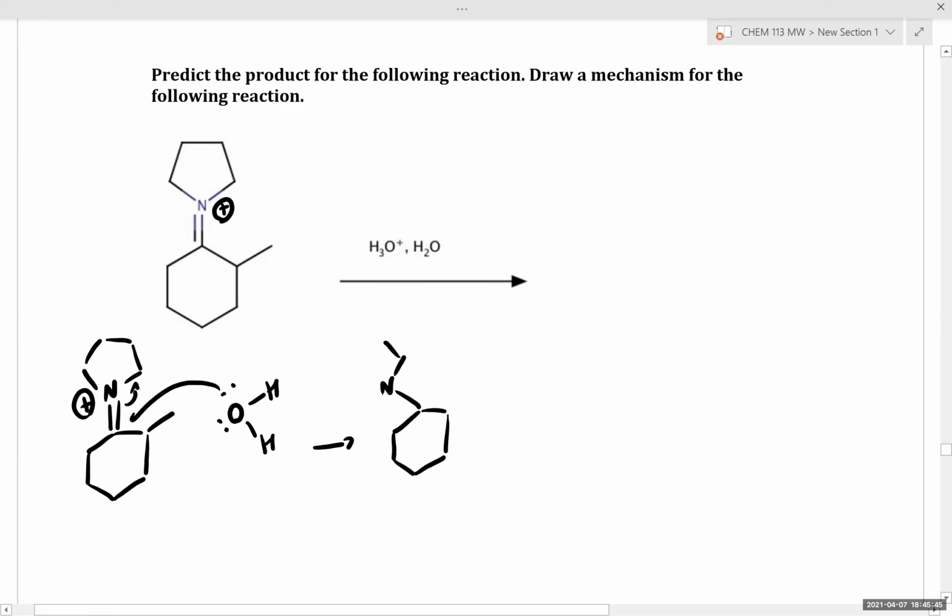From here, we now have the following tetrahedral intermediate. Let's continue this mechanism from here. What's the next step?